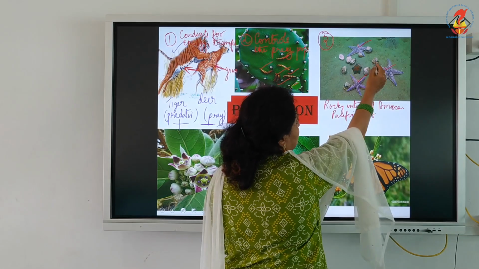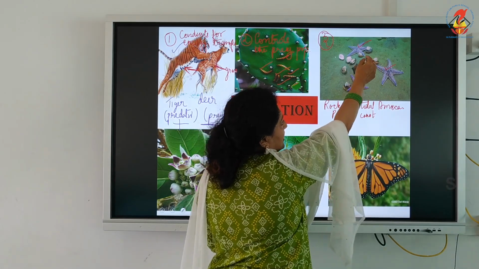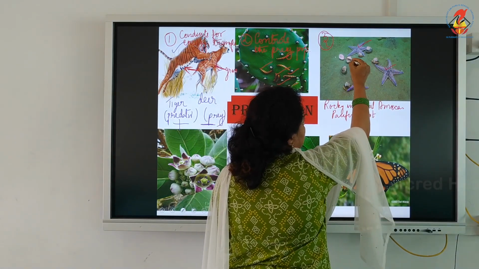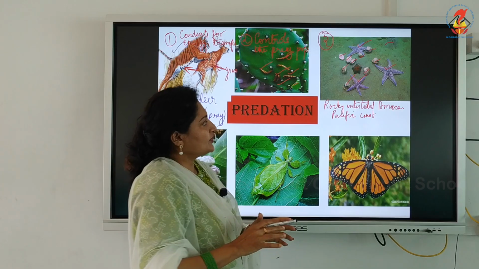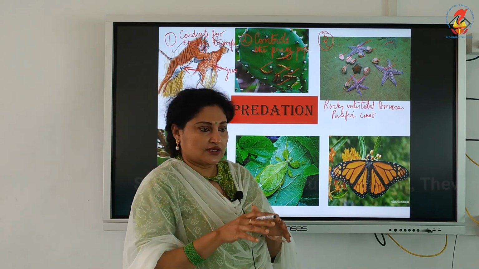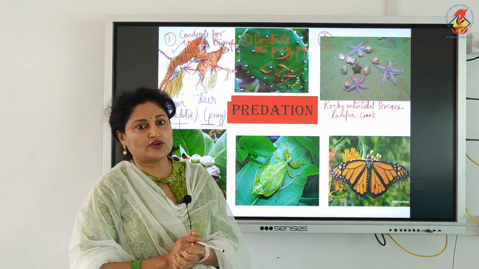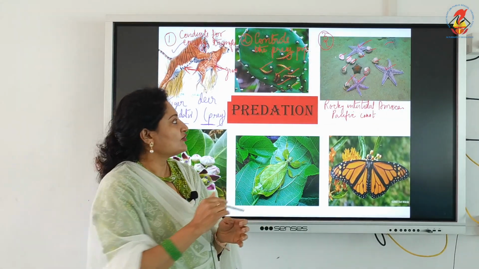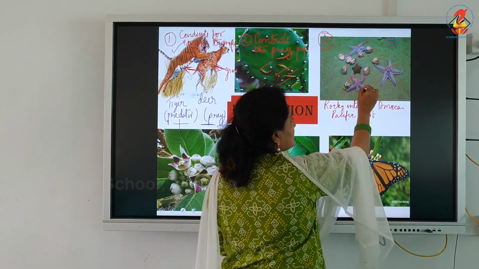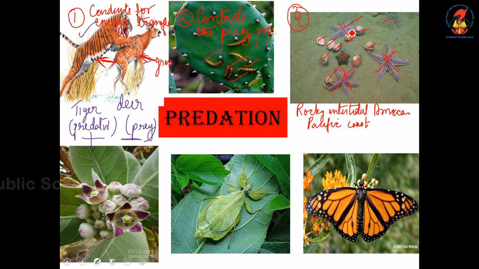See, I have shown you three starfish and their prey, a number of prey. These are the different varieties of prey they fed on. Now what was done is a small enclosed area of this intertidal area was selected, and in that area all the starfishes were removed.